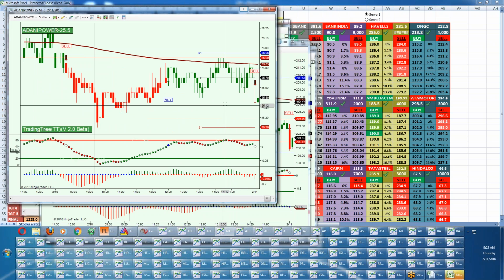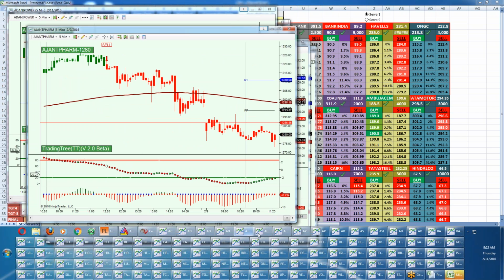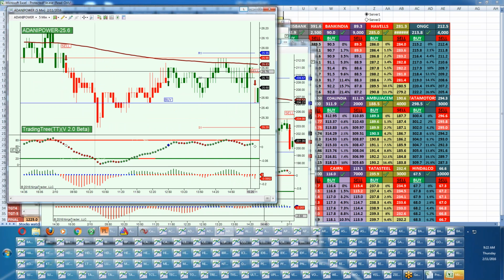Adani Power, you can short it below 2540. That's Ajanta Pharma. We don't have this.